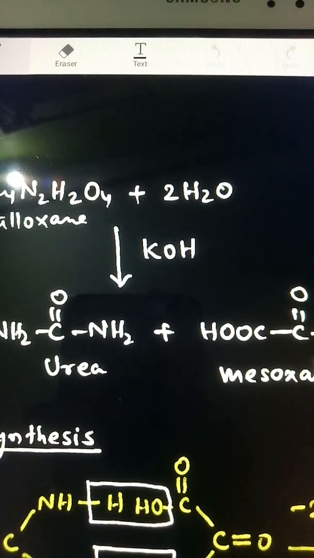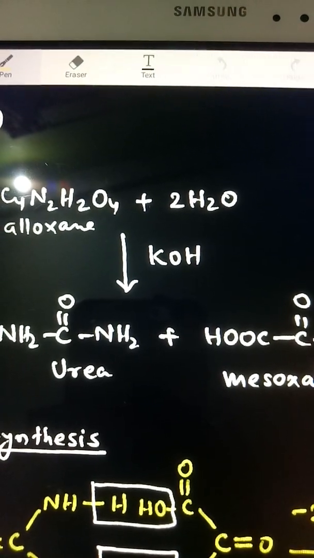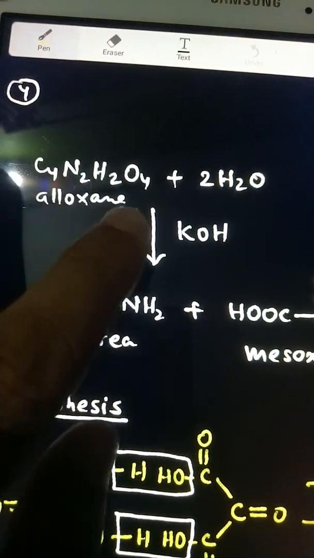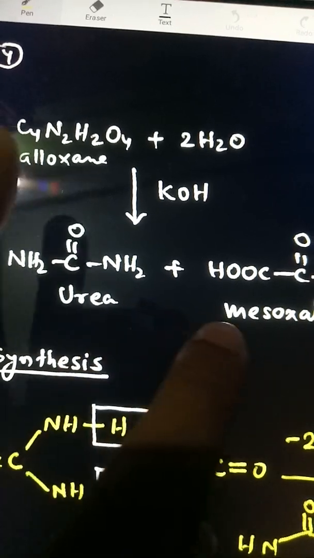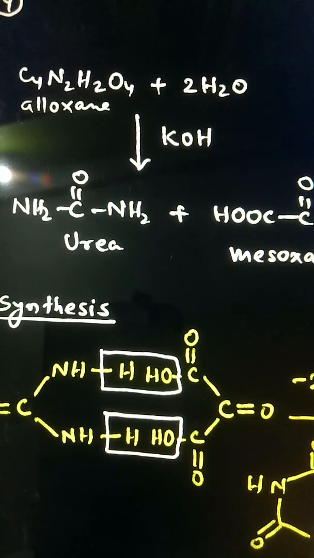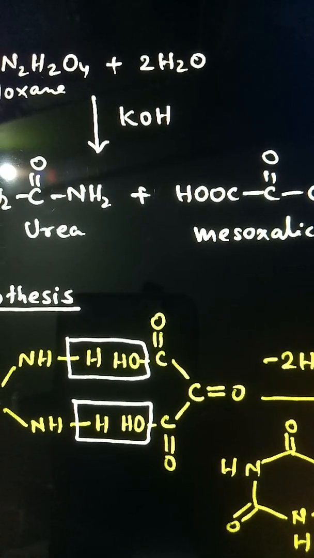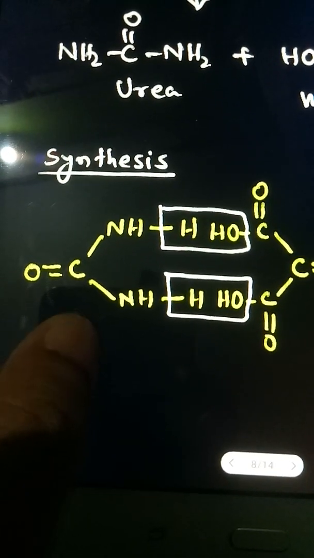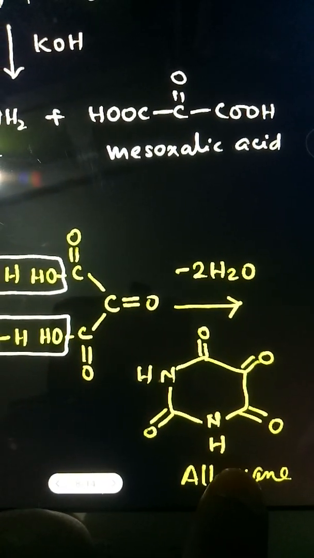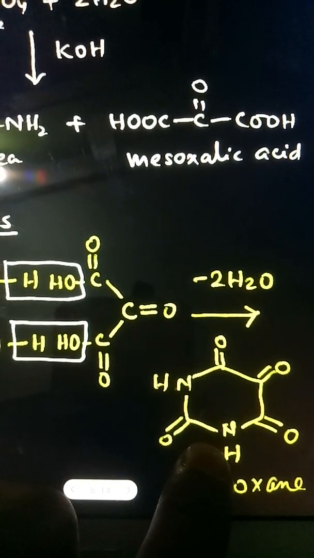When hydrolyzed with alkali, alloxan produces 1 molecule of urea and 1 molecule of mesoxalic acid, and the structure of alloxan is confirmed by synthesis. 1 molecule of urea and 1 molecule of mesoxalic acid give alloxan. So alloxan structure is confirmed.